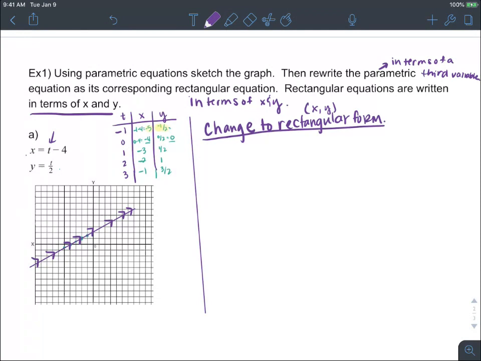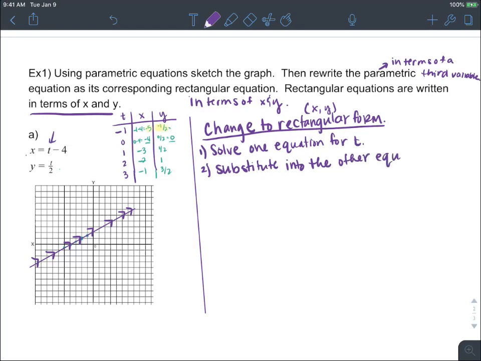So the first thing we're going to do is solve one equation for t, and then we're going to substitute. So our goal is to eliminate t. So we're going to substitute t into the other equation.